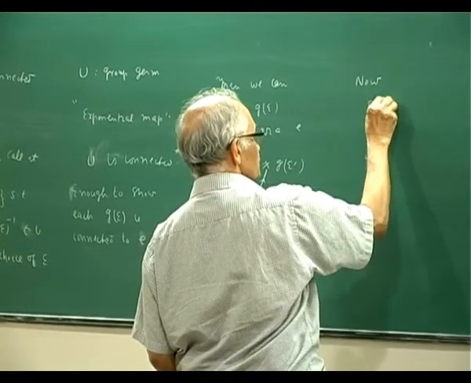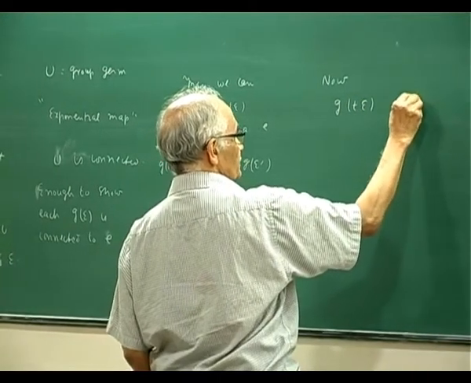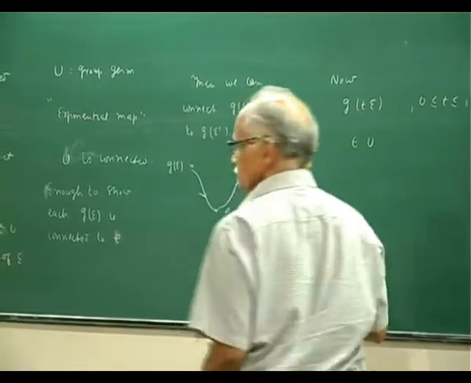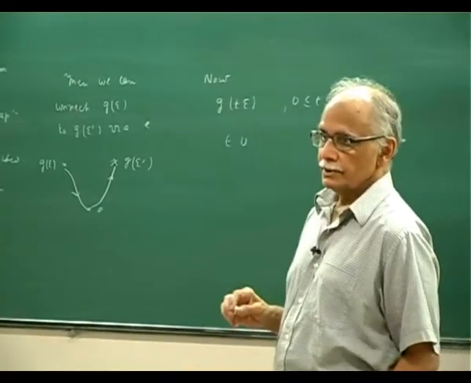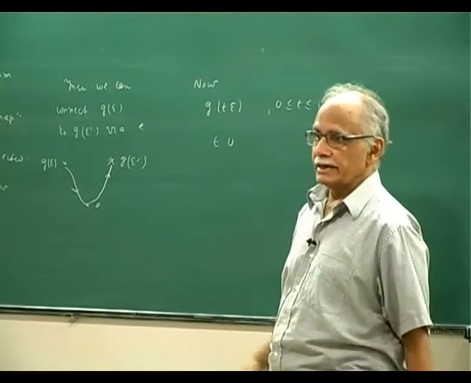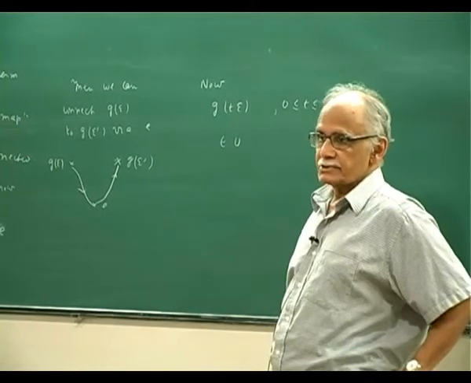Now g(t epsilon), for t between 0 and 1, is in U, because it is like a ball, like an open ball. Okay. All points less than epsilon are here.